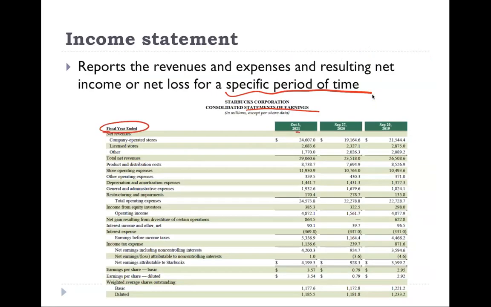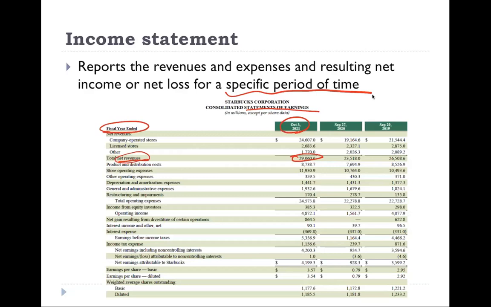For the income statement, as you can see here, it is for the fiscal year ended October 3rd. In other words, it represents the firm's performance, for example all of the revenues the firm generated during the year. So it represents the firm's financial performance during this whole one year.